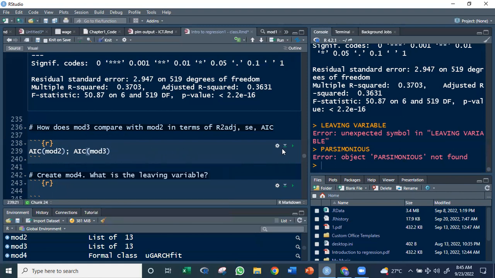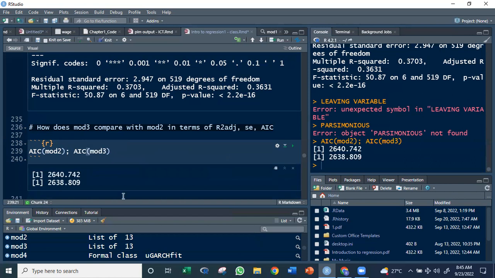Let's see in terms of AIC, sino mas maganda? All right. So in terms of the Akaike information criterion, it turns out that Model 3 is better. Despite the fact that mas maraming predictors in Model 2. Akaike information criterion, sabi natin, the lower, the better.